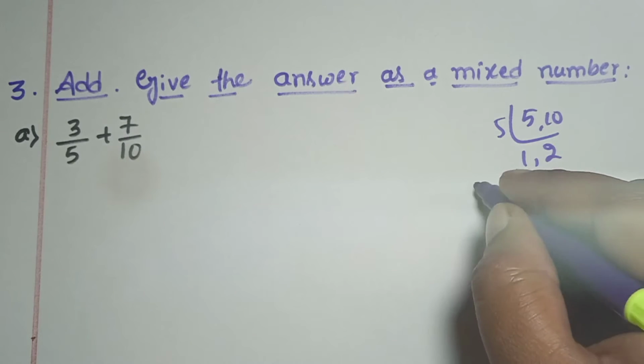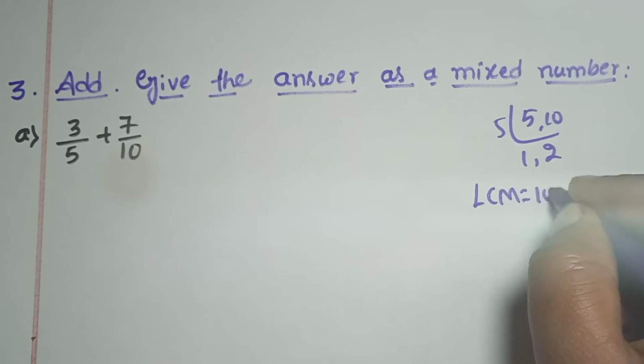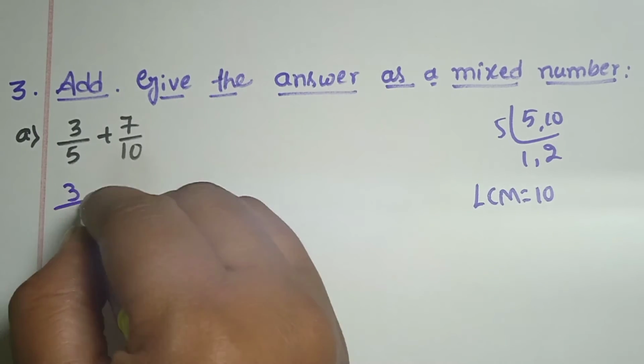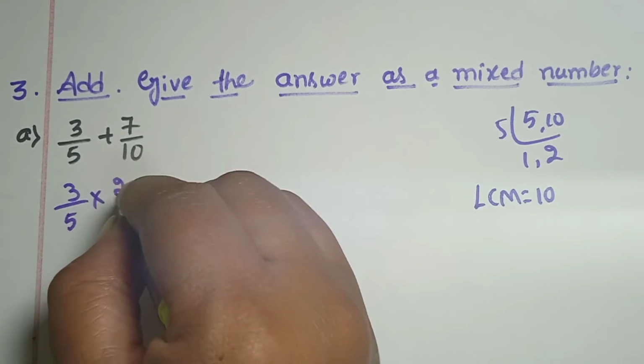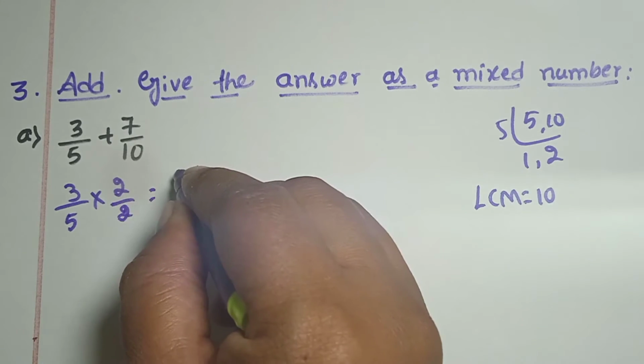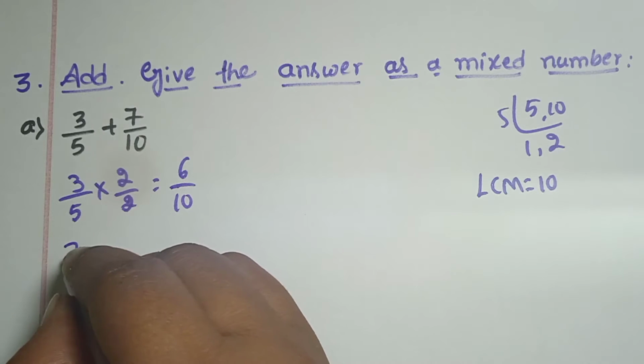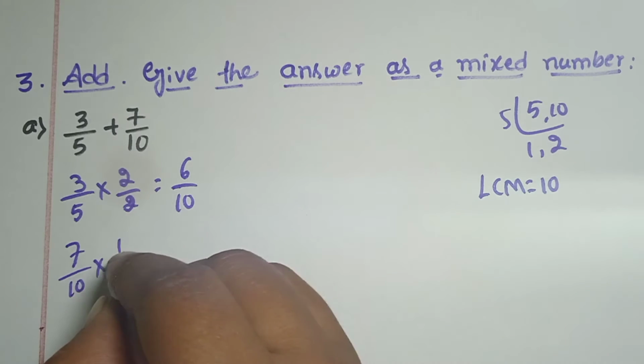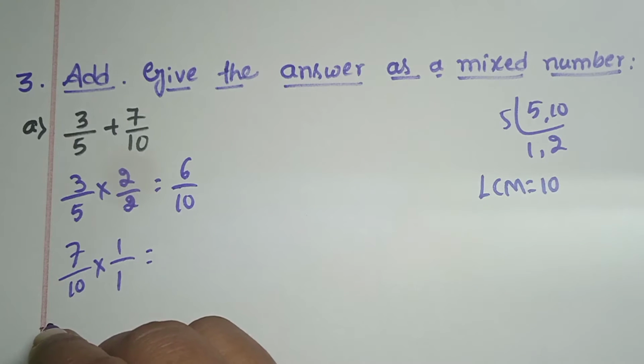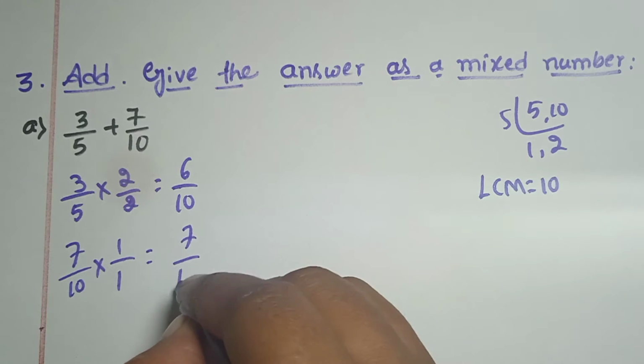What is the LCM, children? 10. 3 by 5 into 2 by 2, that is equal to 6 by 10. No need of multiplication with another number. We should take only 1 by 1, that is 7 by 10 only.